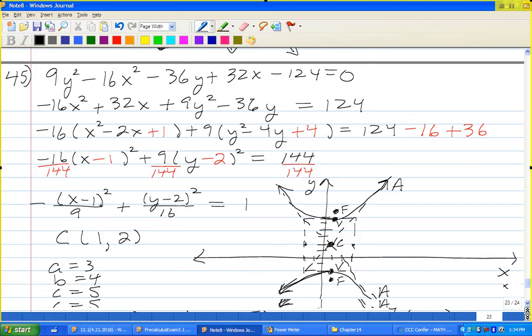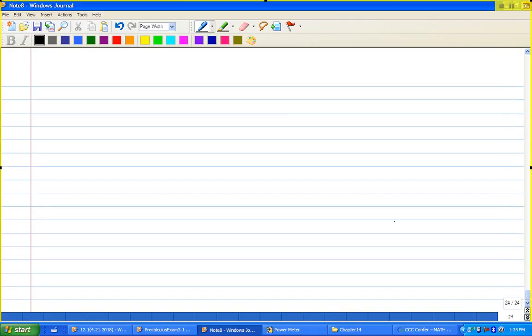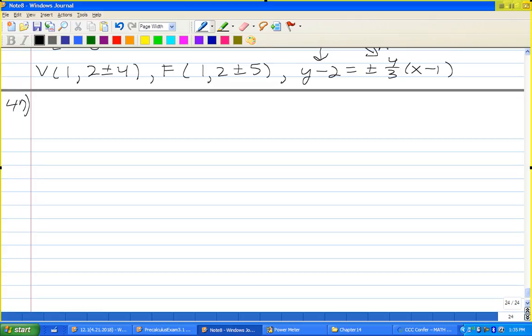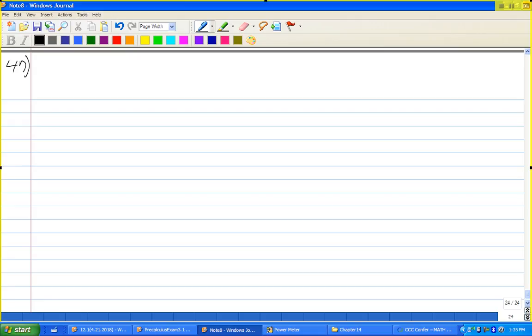Number 47: 16x squared minus 9y squared minus 32x plus 36y minus 164 equals 0.